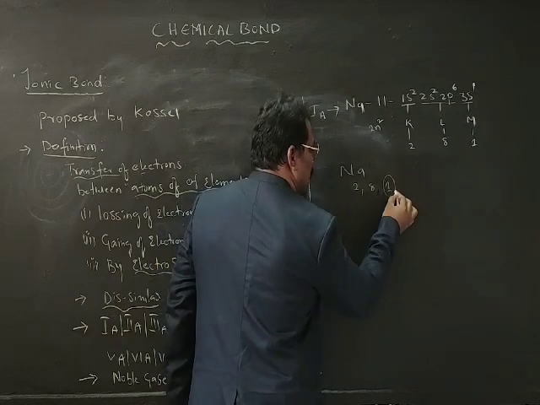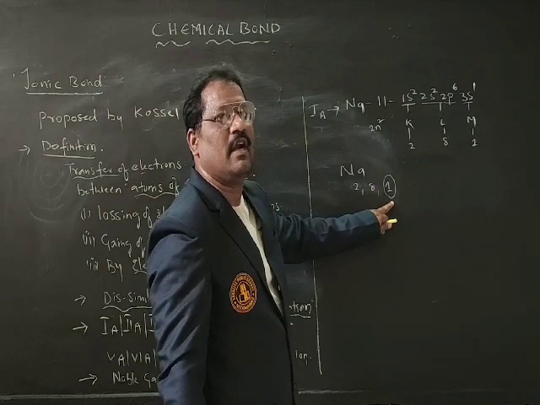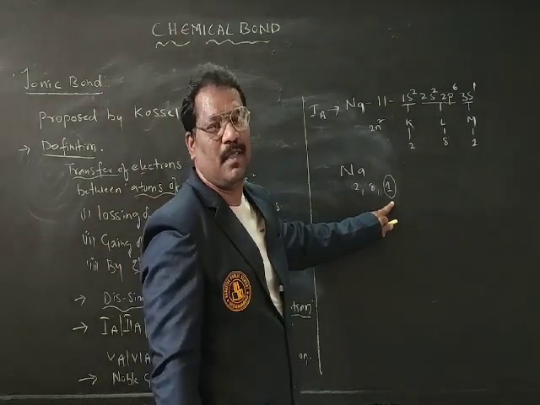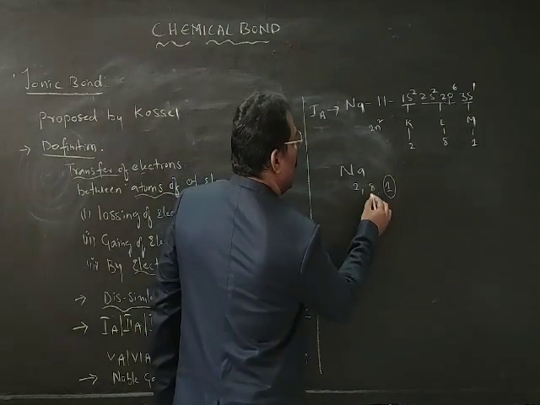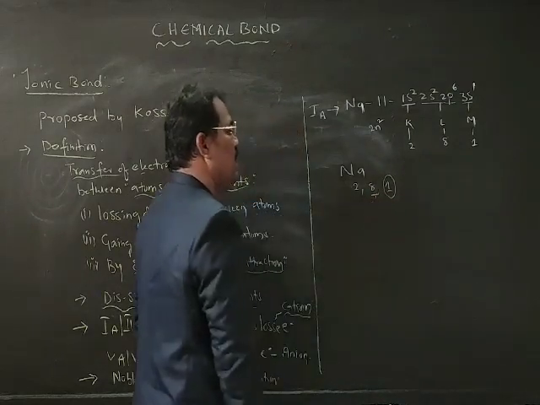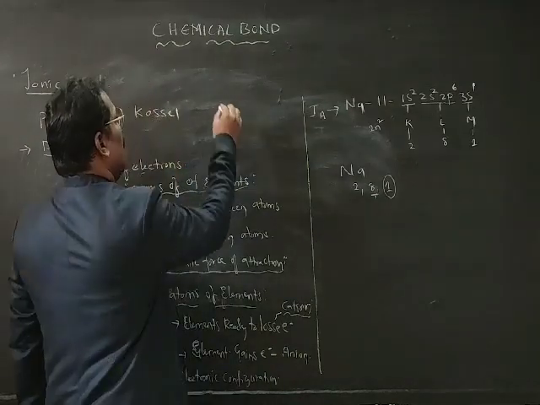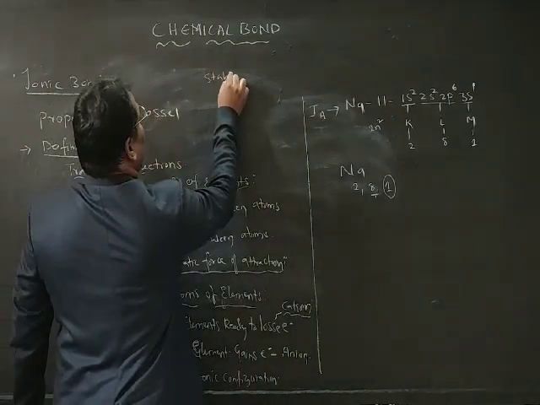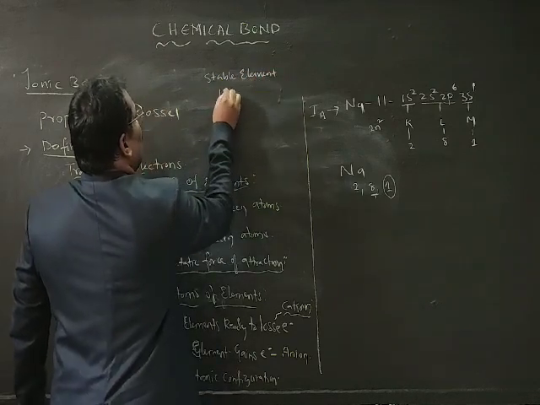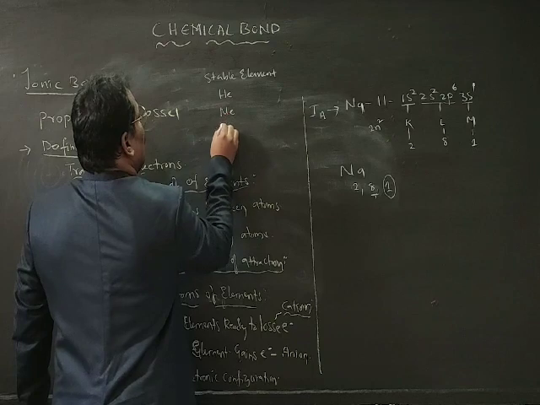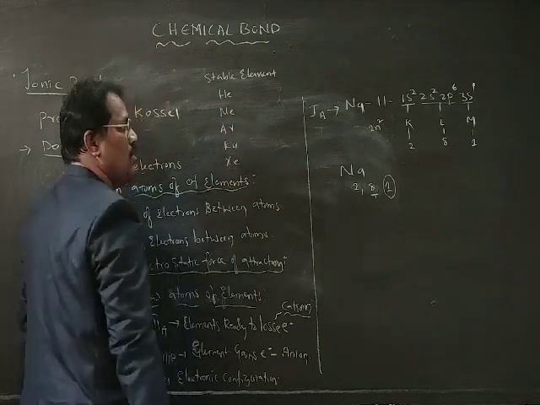So it has one extra electron. This electron is extra, therefore we have to lose this electron. If it loses this electron, only then it attains the octet configuration of the stable element neon. What are stable elements? Helium, neon, argon, krypton, xenon.